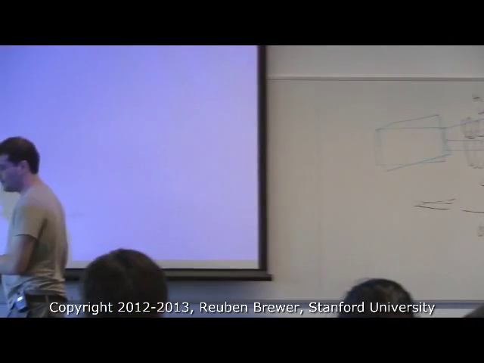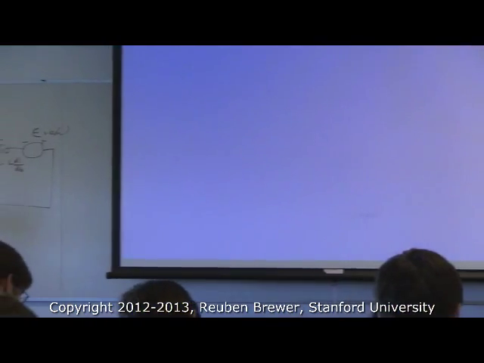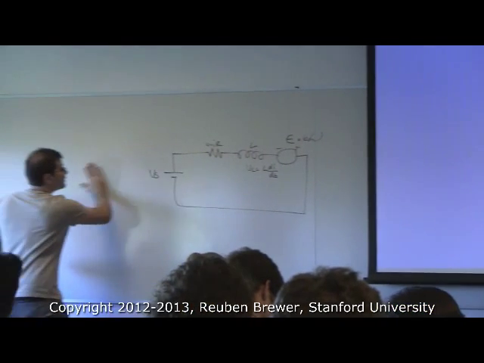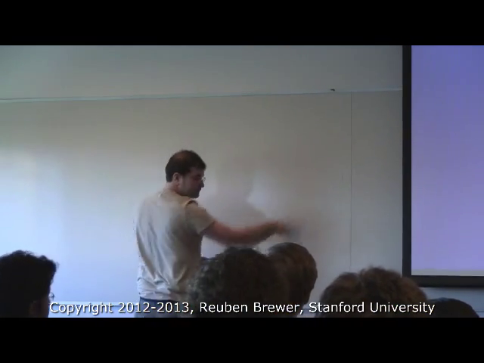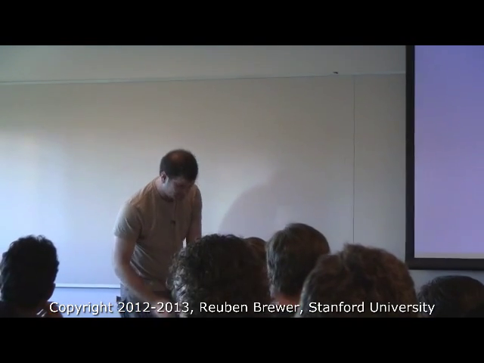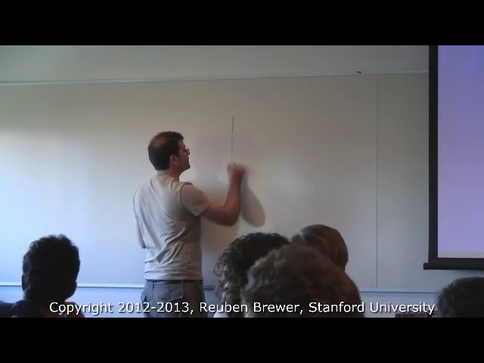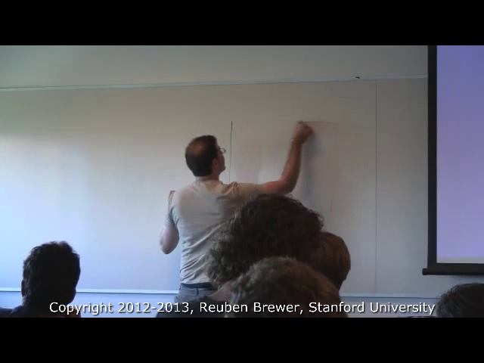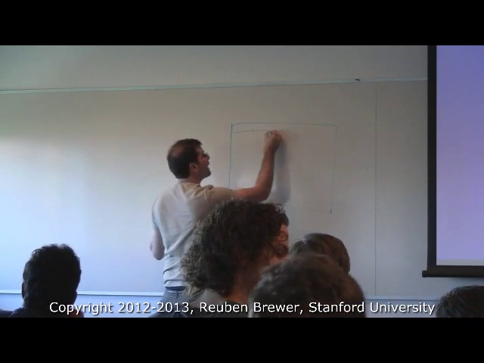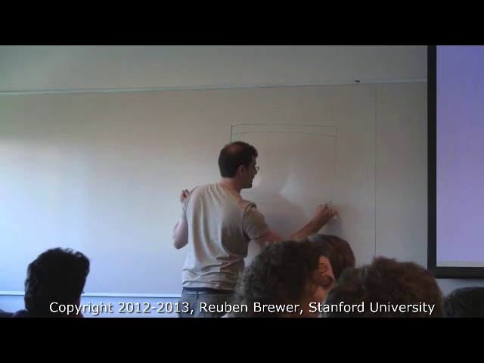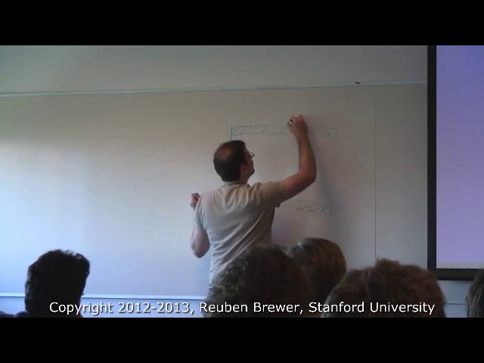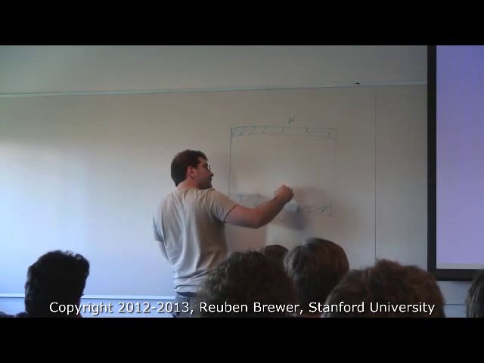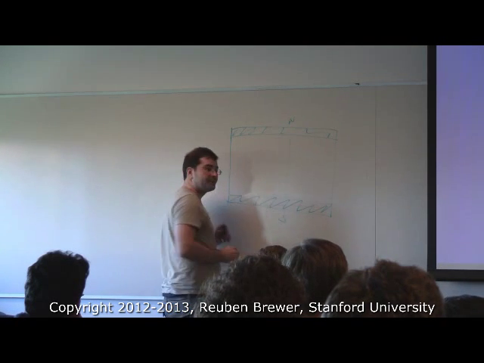So remember, I told you that motors have rotors and stators, okay? So this is our stator. It's staying in place. And I'm going to have a ring of magnets. These are my magnets, okay? And I'm going to have magnetic field lines in between here.